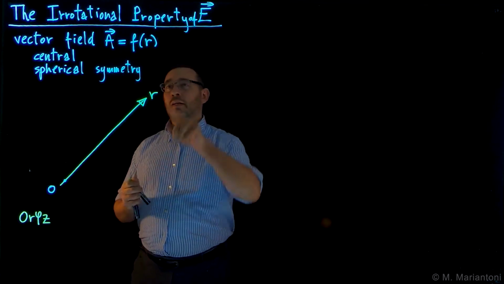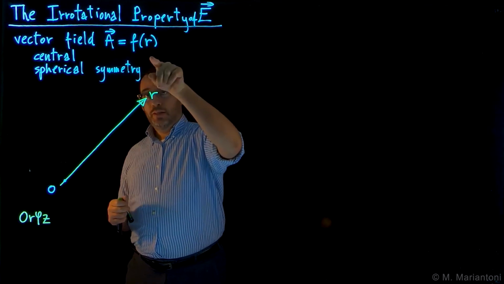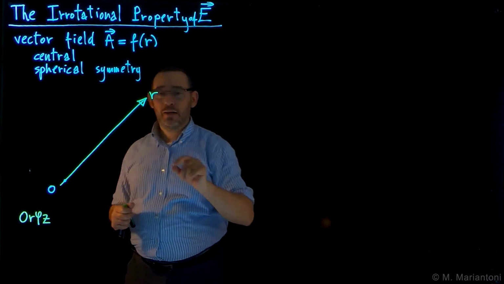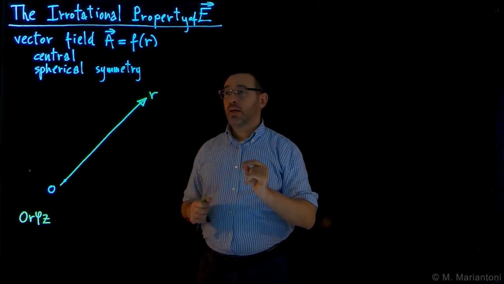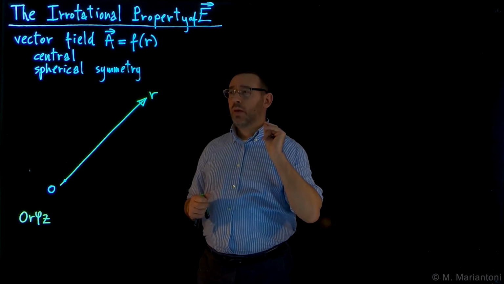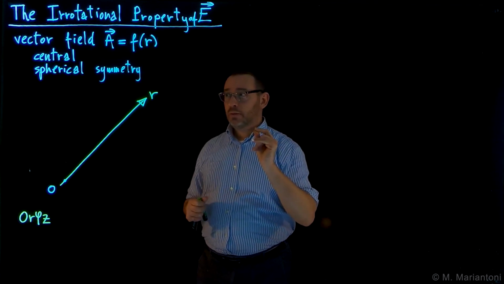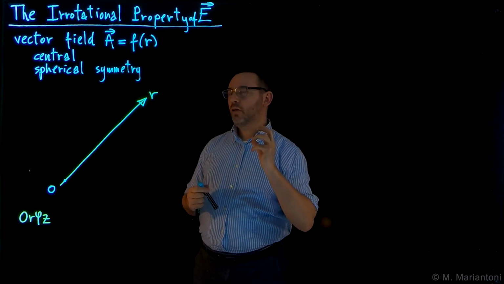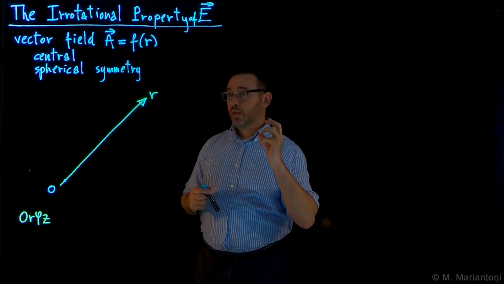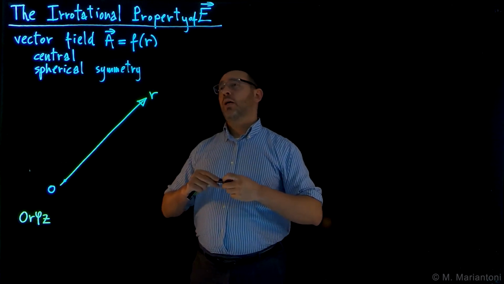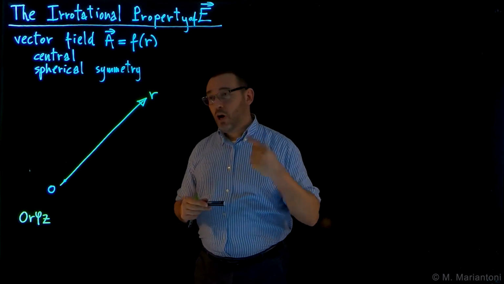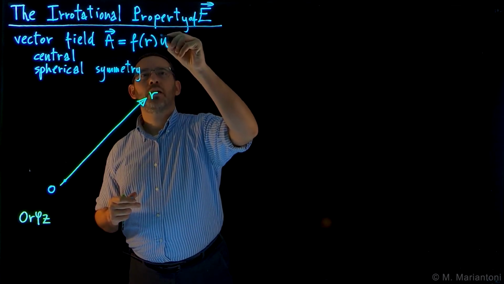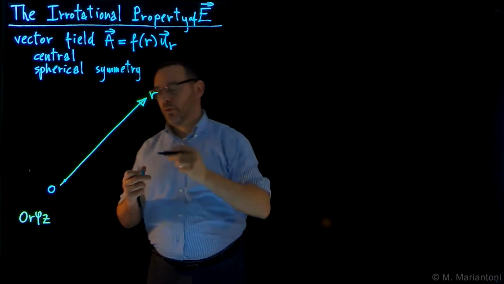But if the magnitude of this vector field is a function only of r, not of phi and z, only of r, then this is said to be a central field, okay? And in order to have a spherical symmetry, we also want to have only one vector component of this field, which is u_r, okay?